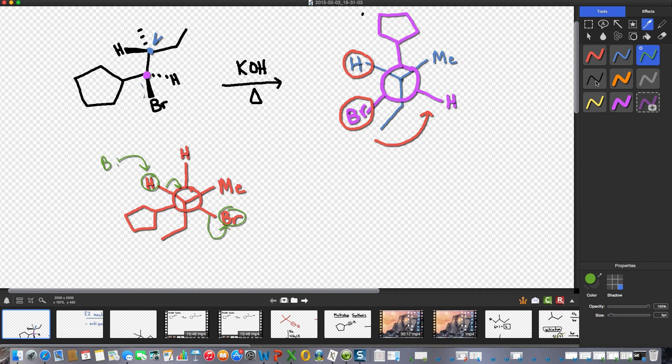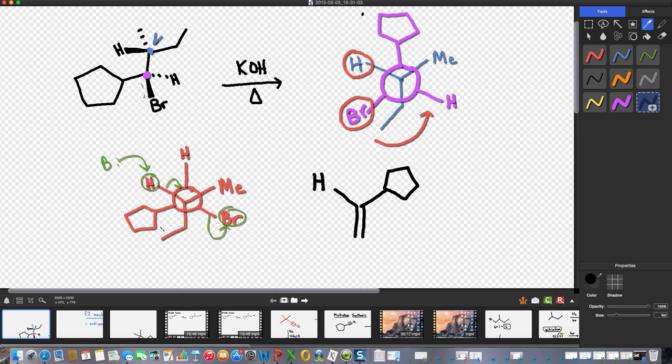So what I'm going to do is draw the carbon-carbon double bond. On the back carbon, I am left with cyclopentyl and hydrogen. So in no particular order, I'm going to render that.